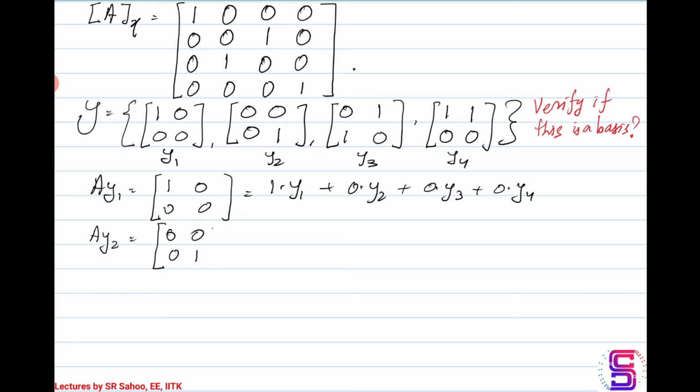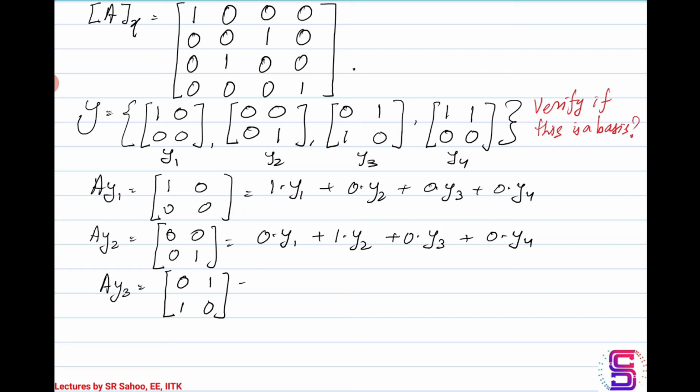It is 0 times y1, 1 times y2, 0 times y3 plus 0 times y4. A acting on y3, 0 1 1 0, 0 acting on y1, 0 with y2, 0 so not 0, 1 with y3 and 0 with y4.